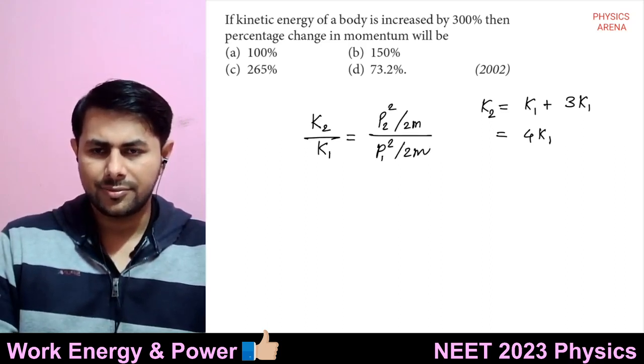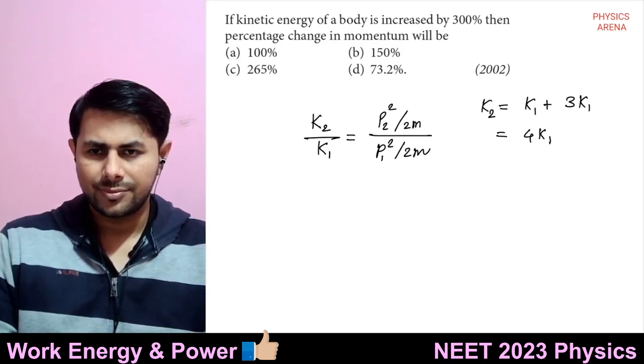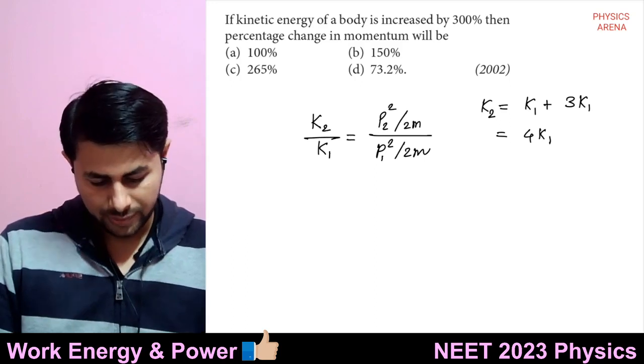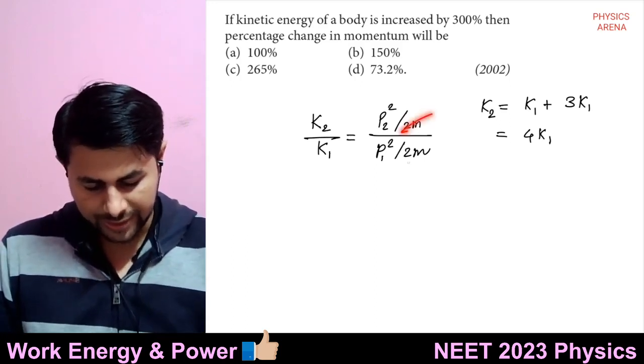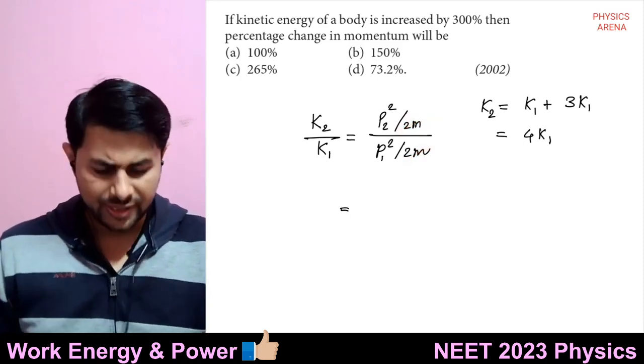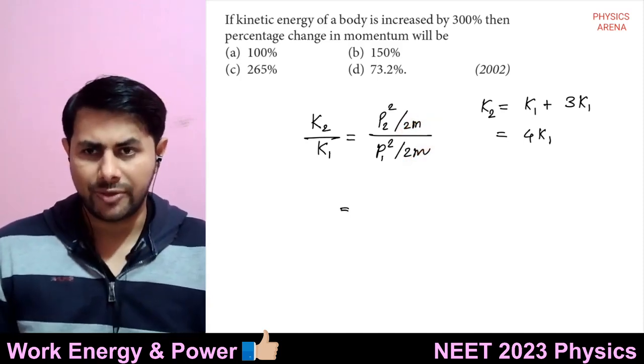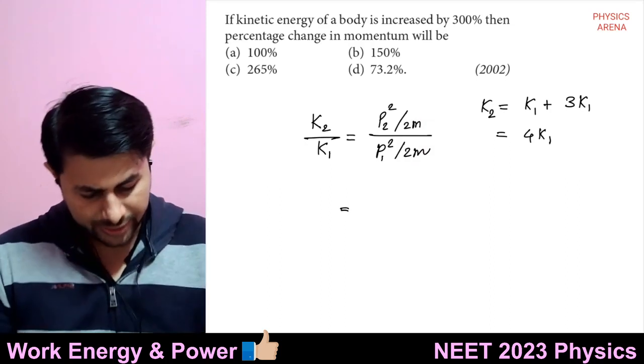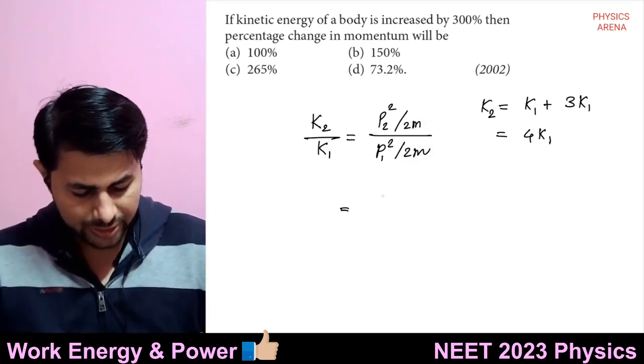Yes, no? So mass and mass will get cancelled, or you can directly say it is directly proportional to momentum square, because mass will not change. So P2 upon P1 square is equal to 4 upon 1.